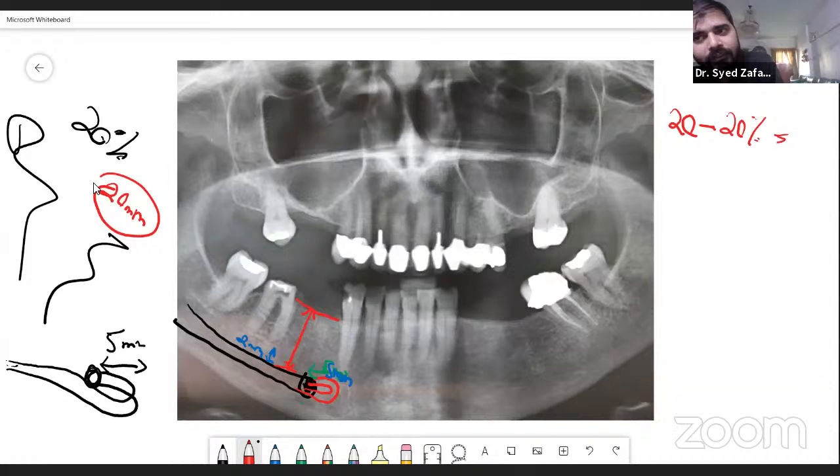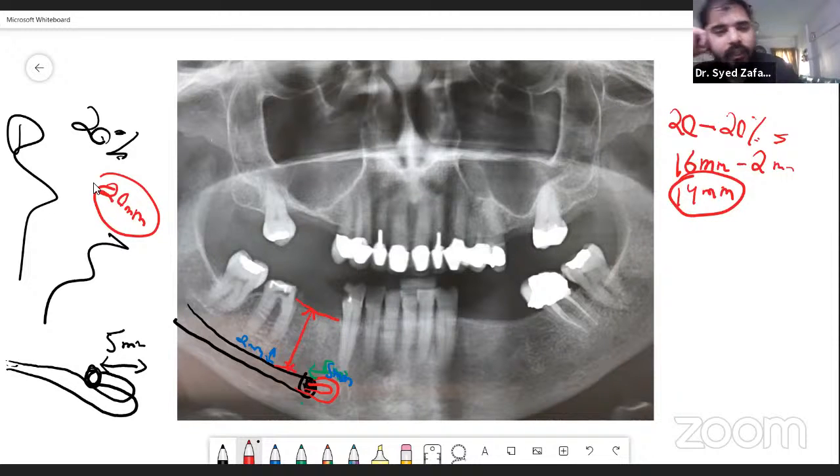How much will I get? Almost 16 mm. Then I will have to subtract 2 mm safe margin. Then I will have almost 14 mm. Now I know I have to place a 14 mm or less implant. If in your system you have an 11 mm implant, you can place an 11 mm implant on it.